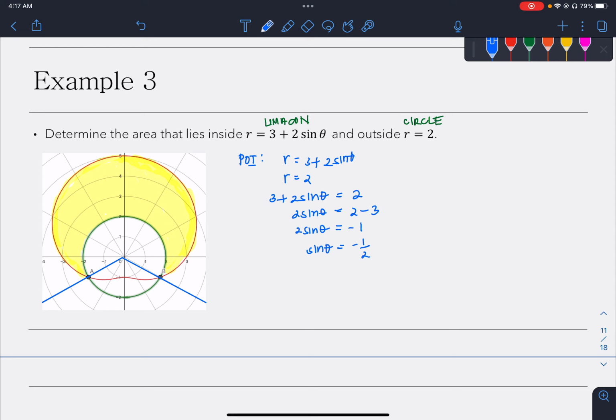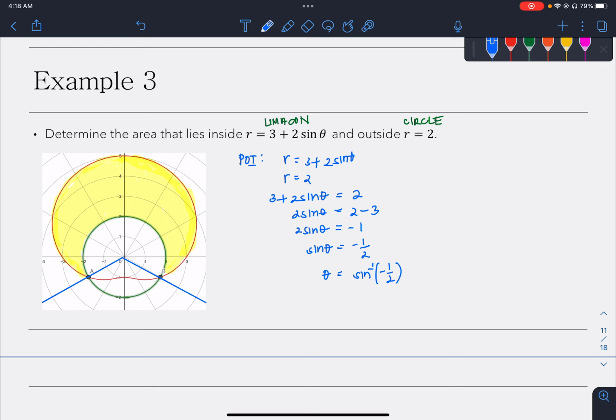So what is theta then? Theta would be the inverse sine of negative 1 half. We can use our calculator in solving for that. So inverse sine of negative 1/2, and that is equivalent to negative 30 degrees.